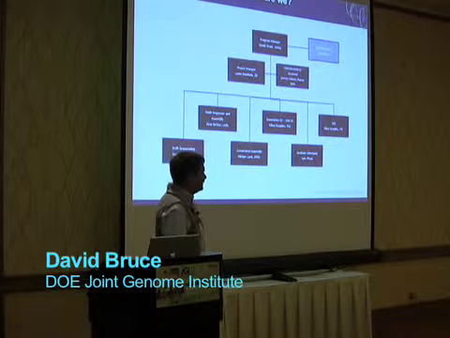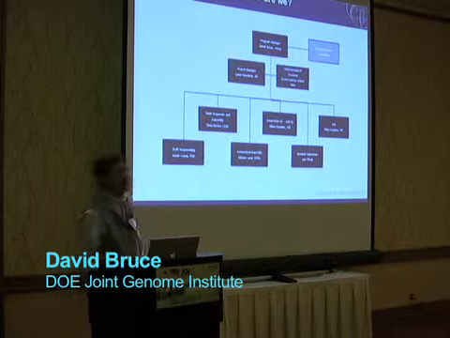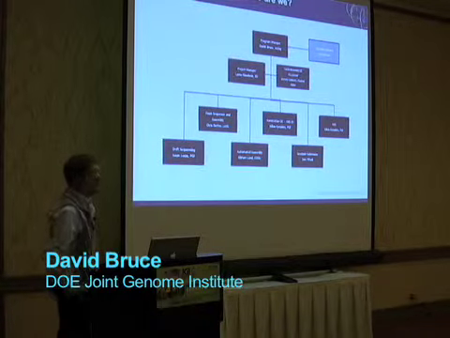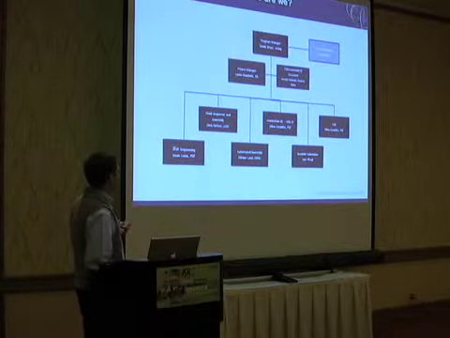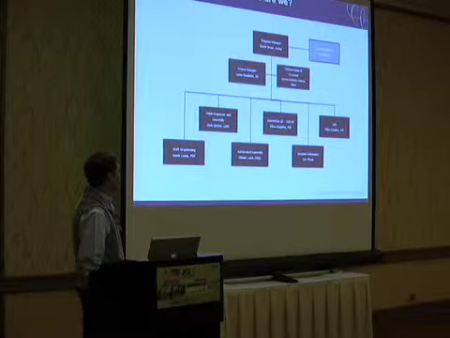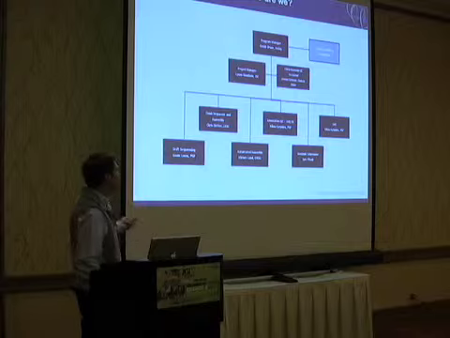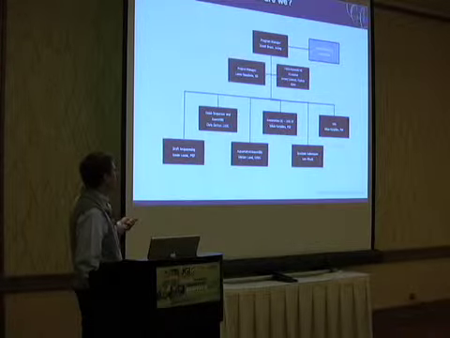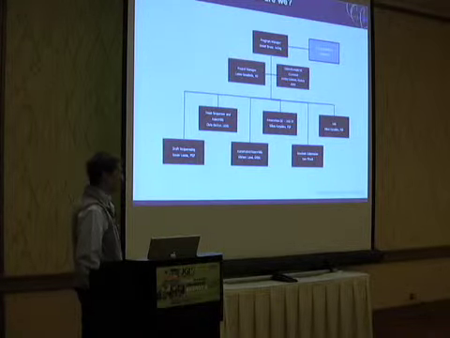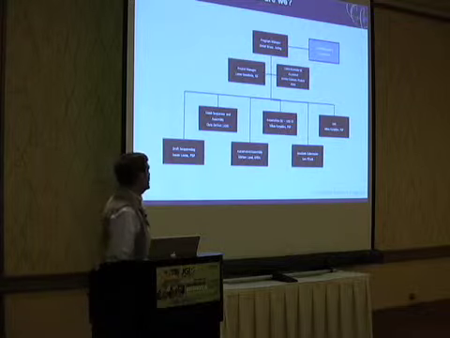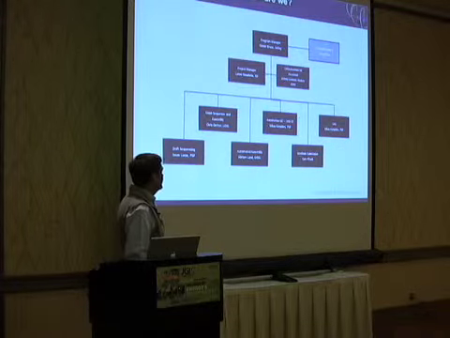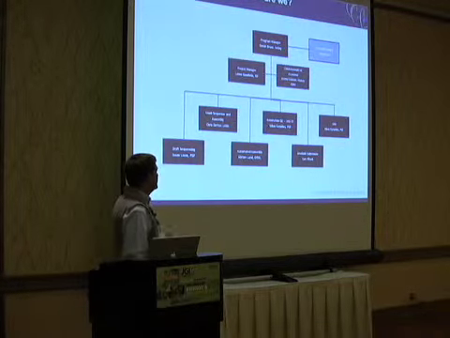We have various functional groups that are associated with programs in general. In the Microbial Program, there's a group that does the draft sequencing that's run by Susan Lucas at the JGI in Walnut Creek. Once that draft is completed, we do finished sequence and assembly, led by Chris Detter at Los Alamos National Labs.